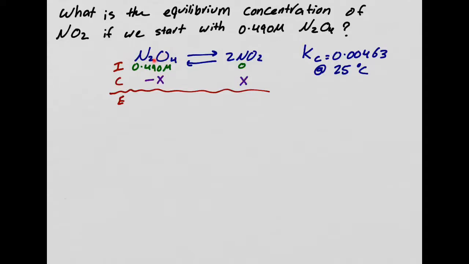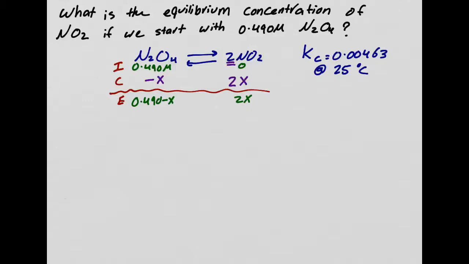When one N2O4 goes away, how many NO2 is going to form? 2. You have to care about the mole ratio, right? Because when one of these goes away, 2 of these is going to form. Don't forget that the mole ratio matters. So at equilibrium, we're going to have 0.490 minus x, and we're going to have 2x. So far, so good.